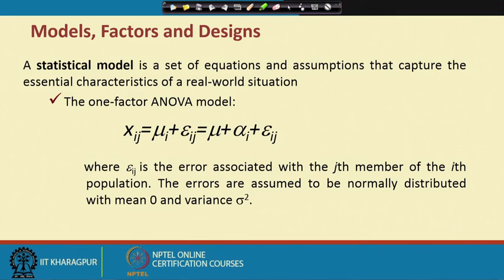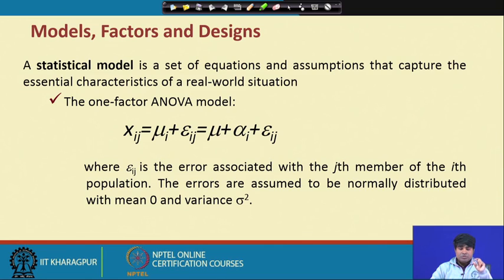We start with the one factor ANOVA model, which is x_ij = mu_i + epsilon_ij, where mu is the sample mean and epsilon_ij is the error associated with the jth member of the ith population. We assume these errors are normally distributed with mean 0 and variance sigma square.